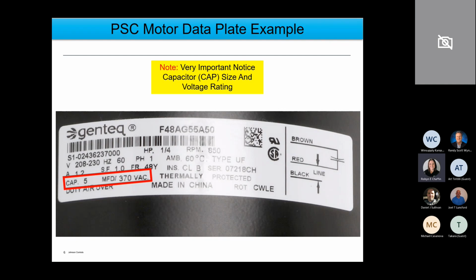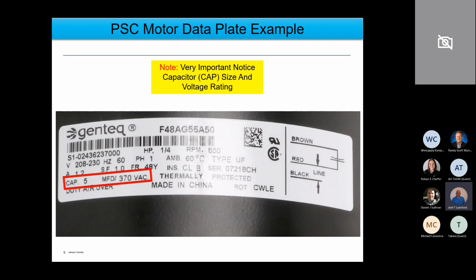I just had one more. Sure. What if I've got two capacitors sitting on my shelf? One is a run single and one is a run dual. Okay. Again, it makes no difference.